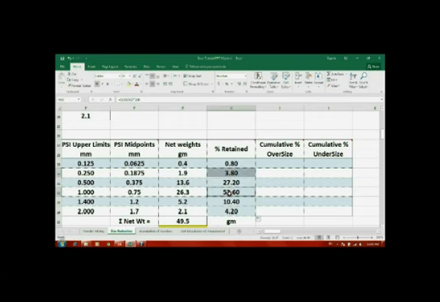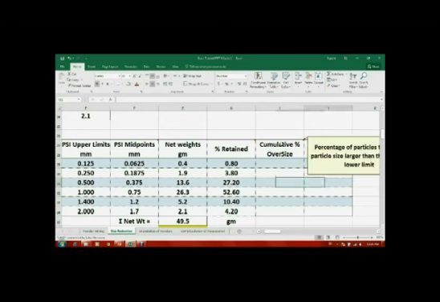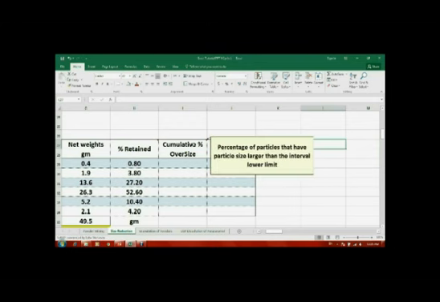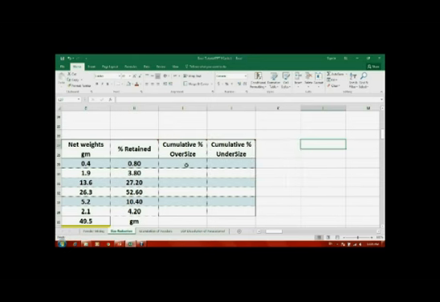Now, calculate cumulative percent over size, which is, by definition, the percentage of particles that have particle sizes larger than the interval lower limit.